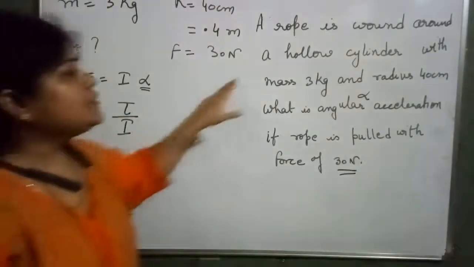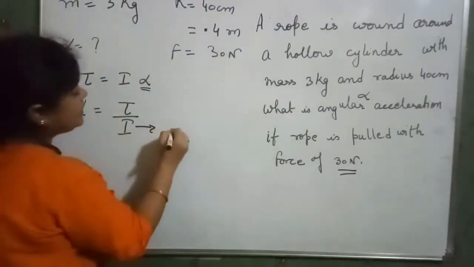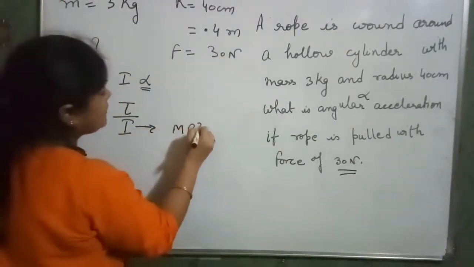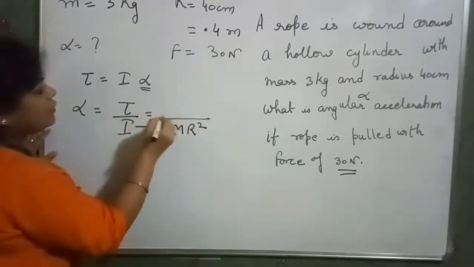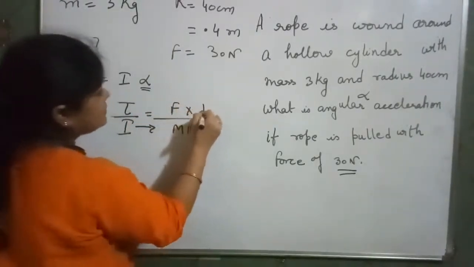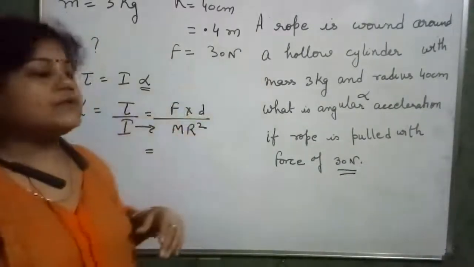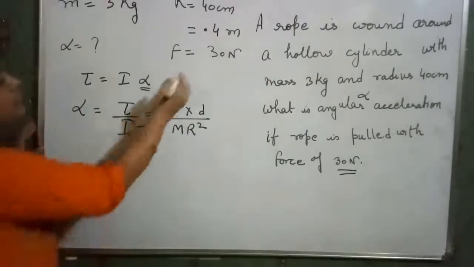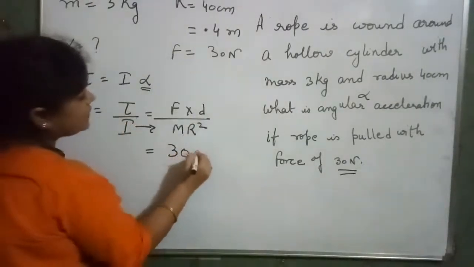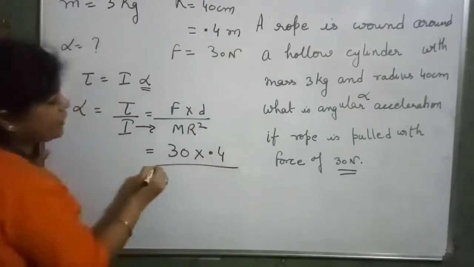Now moment of inertia: this is a hollow cylinder, so the formula for moment of inertia is m r square, and the formula for torque is F into distance. Clear? Distance is what? That is the radius of the cylinder. So force applied here is 30 Newton and distance up to which it is pulled is 0.4.